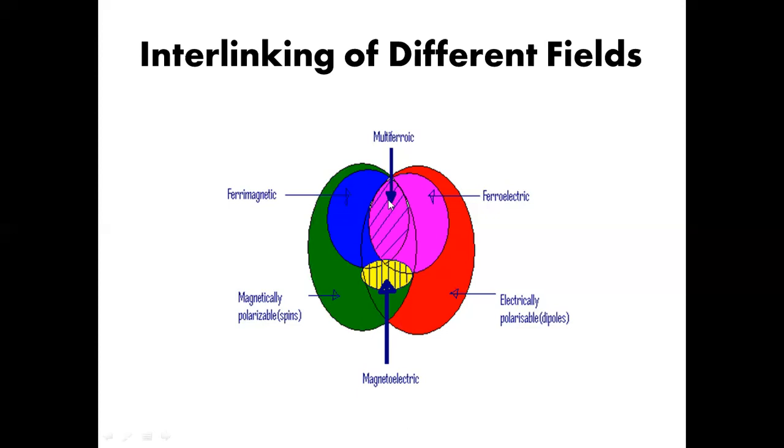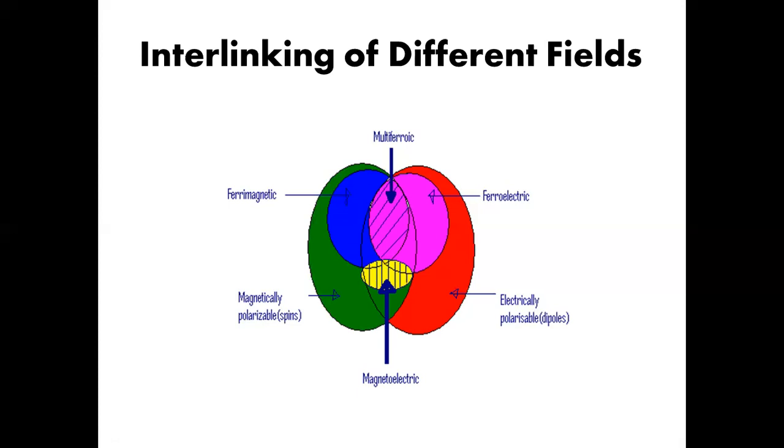This region where these two fields are cross-linking together leads to the ME effect. Here also you can see this yellow colored circle. There is a cross-linking of the fields developed by the magnetic dipoles and electric dipoles. So this region shows the magnetoelectric effect region.